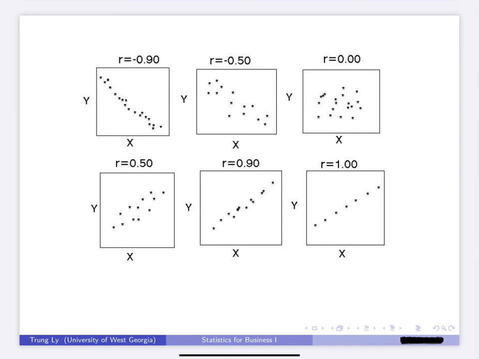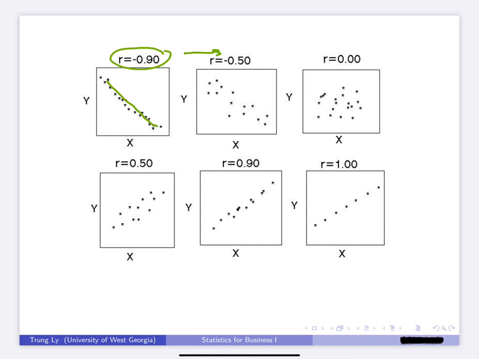So notice that when the correlation coefficient is -0.9, the linear relationship is negative and looks very strong. As we approach 0, the linear relationship becomes weaker and weaker.